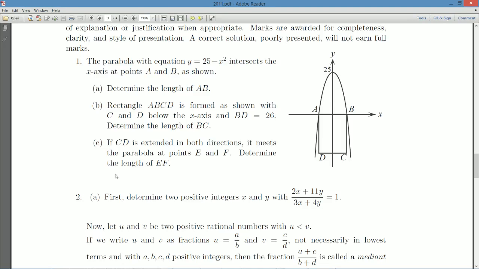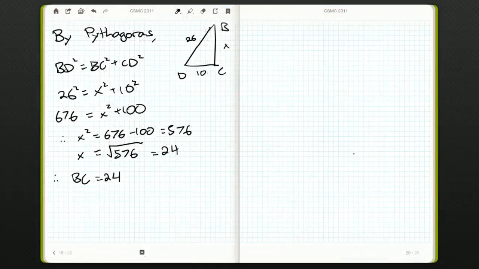Alright, C part. If CD is extended in both directions, it meets the parabola at points E and F. Determine the length of EF. Okay. So let's draw ourselves a little picture of what that is.